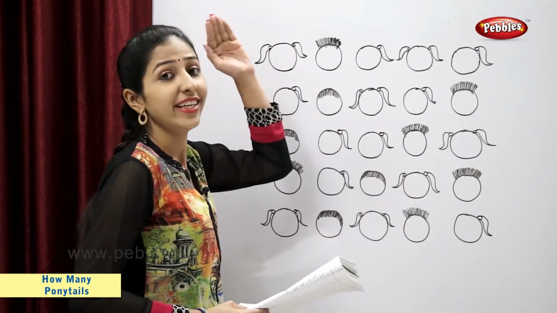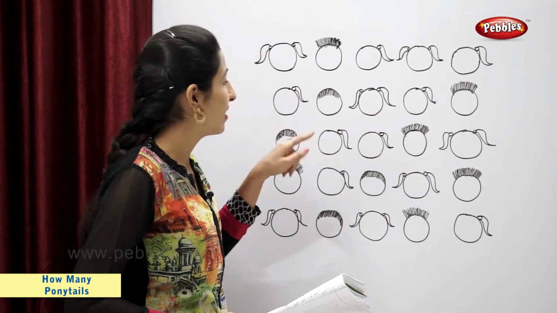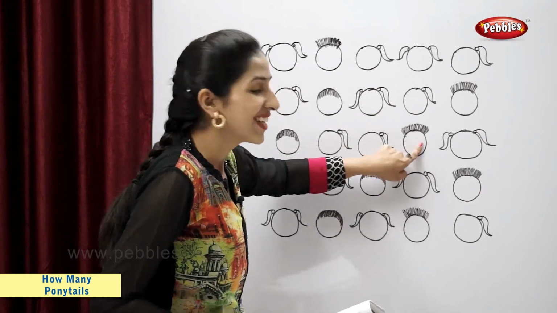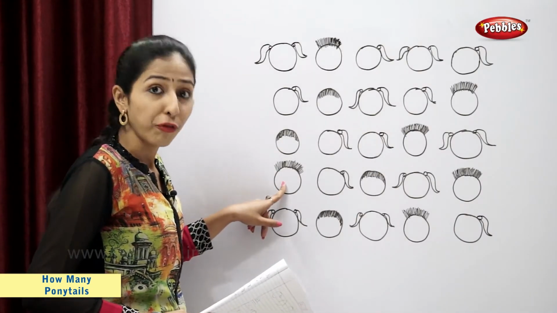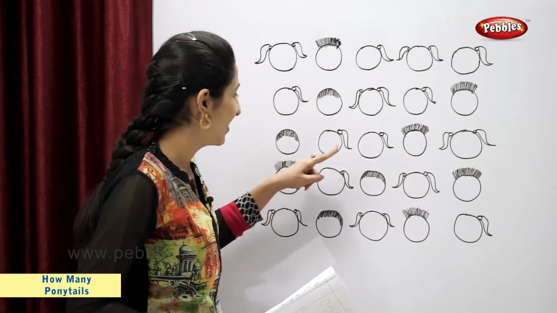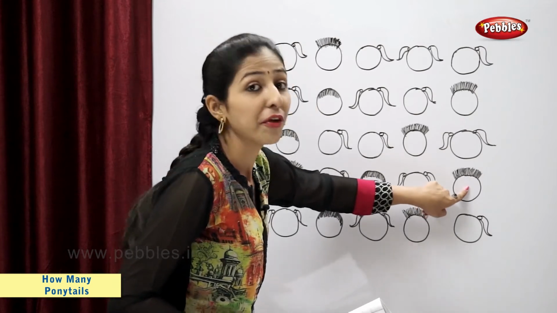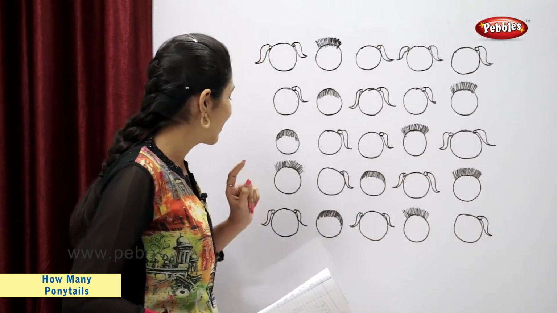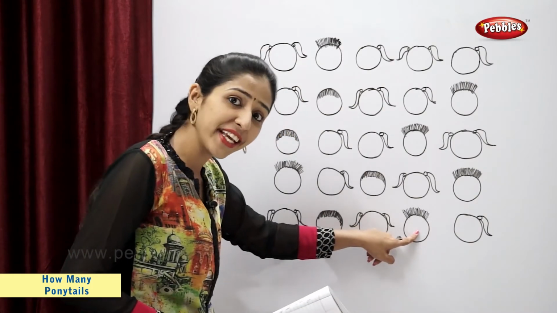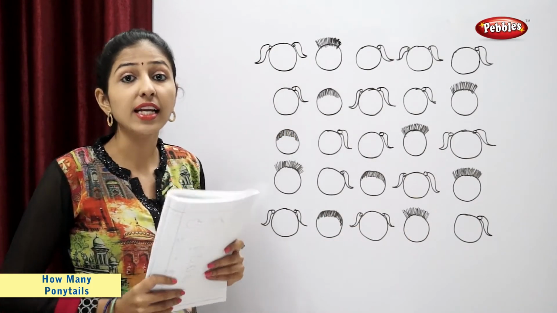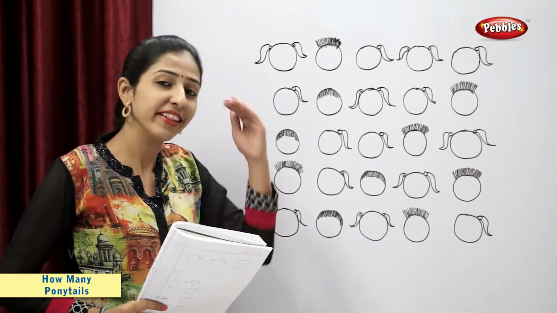No, with their hair up. 3, 4, 5 and 6. So, there are 6 children with their hair up.